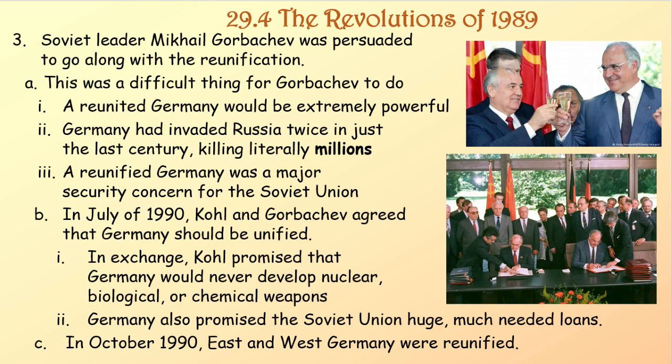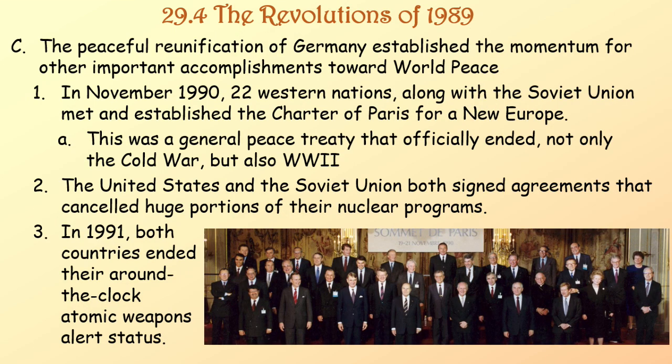In October 1990, East and West Germany were reunited. The peaceful reunification of Germany established the momentum for other important accomplishments toward world peace. In November 1990, 22 Western nations, along with the Soviet Union, met and established the Charter of Paris for a New Europe.